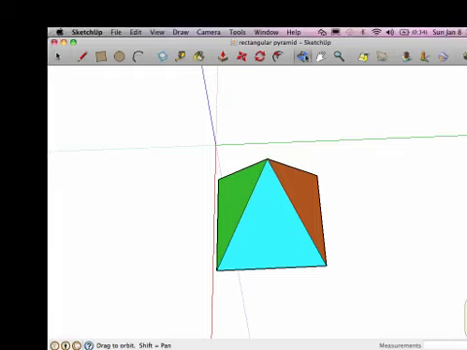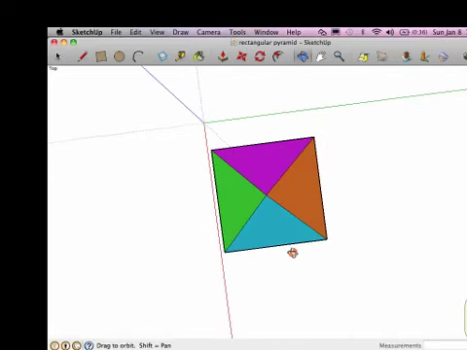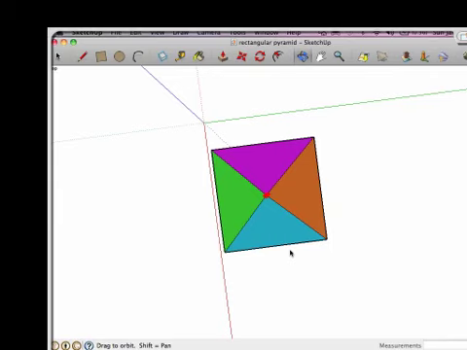Be aware of the fact that going straight down through this point and going down here aren't the same. So this here is what we call the slant height.